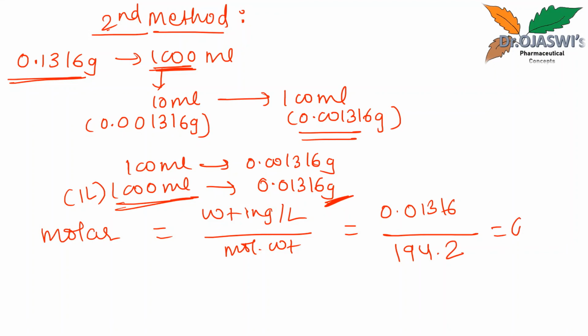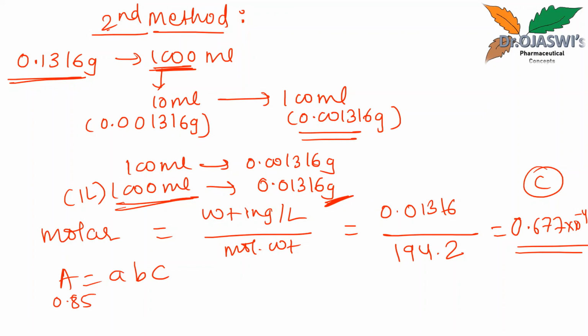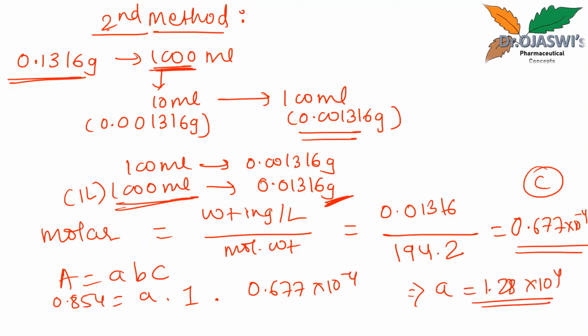So this also comes out to be 0.677 into 10 raised to minus 4. Same. Ultimately we will substitute this concentration in A equals ABC. B is 1 and C is 0.677 into 10 raised to minus 4. So this is how A comes out to be 1.28 into 10 raised to 4.